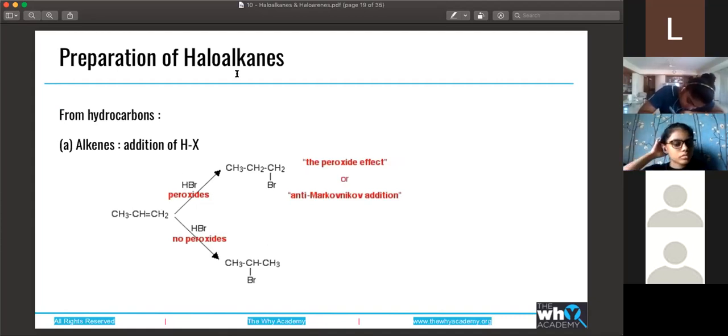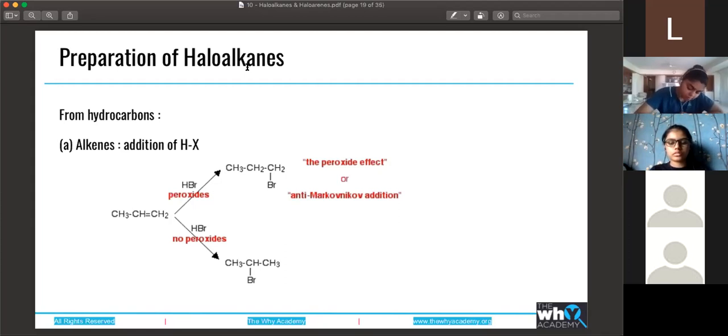The first method for producing haloalkanes from hydrocarbons is the halogenation of alkanes, which is the least preferred. The peroxide effect is the first one and anti-Markovnikov is the second one?